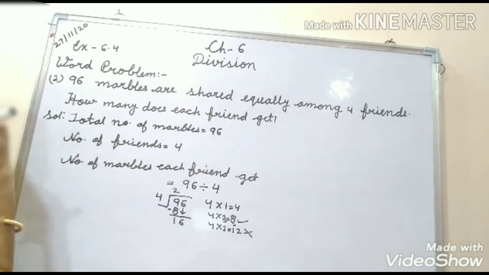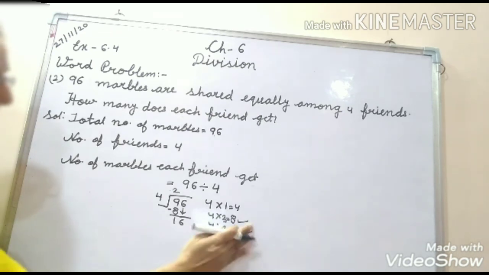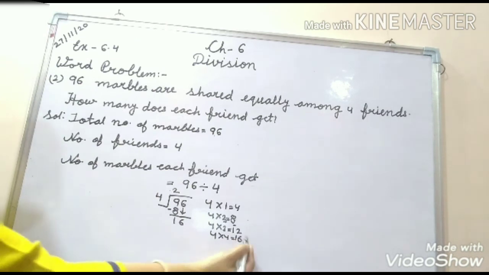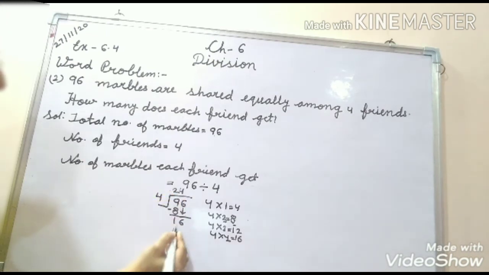Now we will again say the table of 4 and find out when 16 is coming. 4 threes are 12. 4 fours are 16. In how many times is 16 coming here? 4 times. So you will write 4 at the top and 16 here.